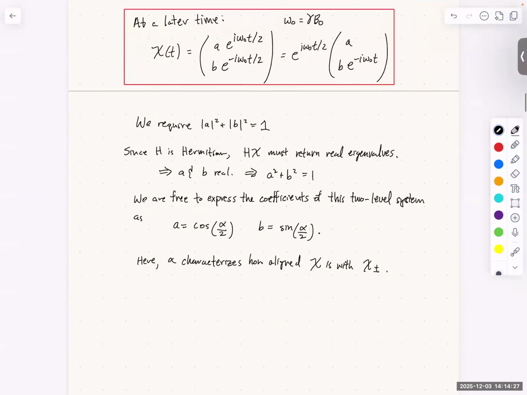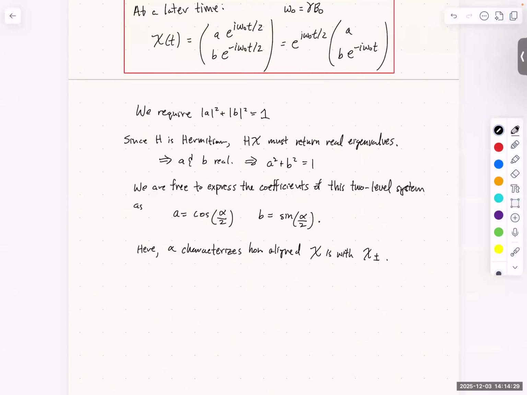So what we're going to do is I'm just going to rewrite this chi of t, the time evolution of our general spin state, in terms of this alpha parameterization of A and B. Okay, so chi of t is going to be, let's see, we have an A, which we're going to write as cos alpha over 2.